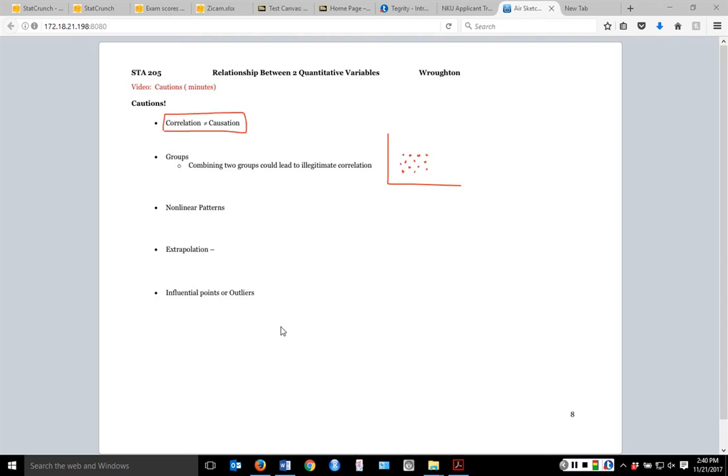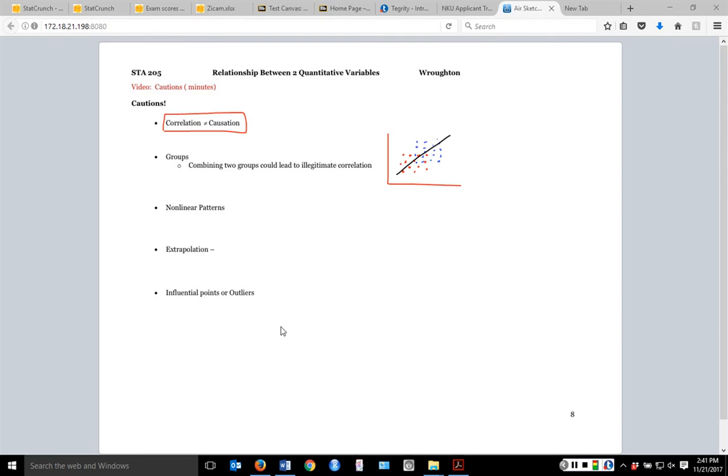If I look at just those red dots, there doesn't really seem to be much going on. But if I put them together with some blue dots, which separately also don't have much going on, now look at that positive relationship. It's a little thing that we want to be careful of doing.